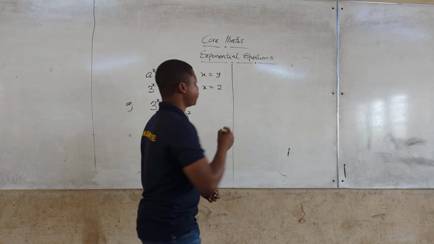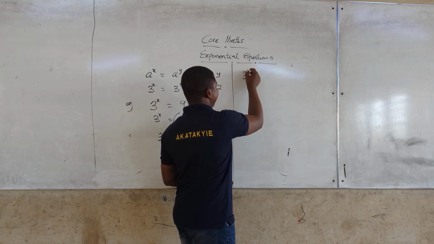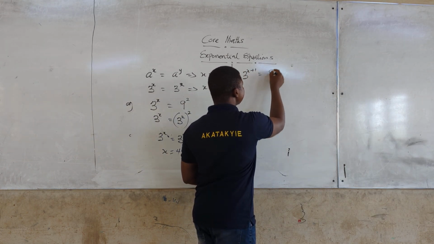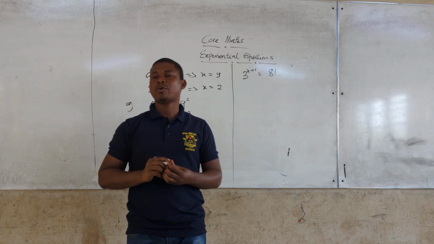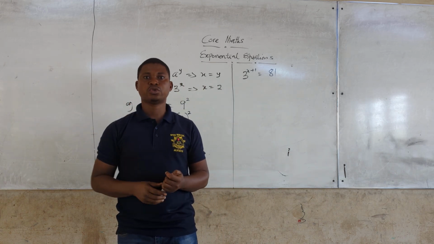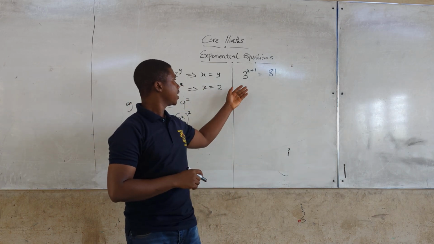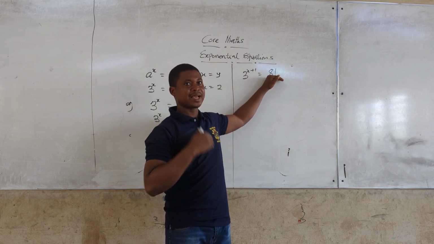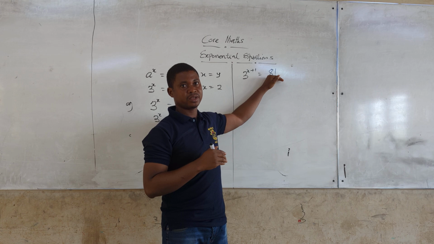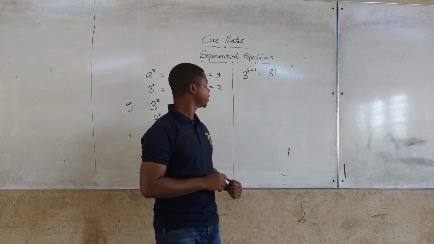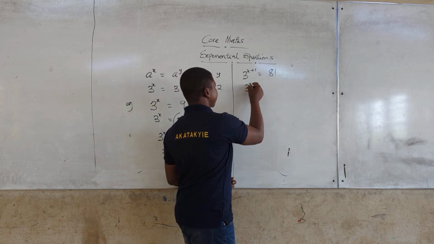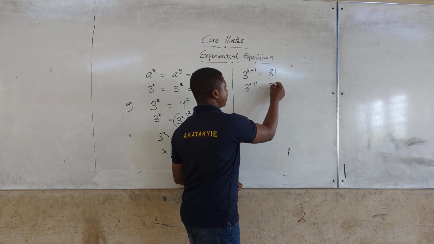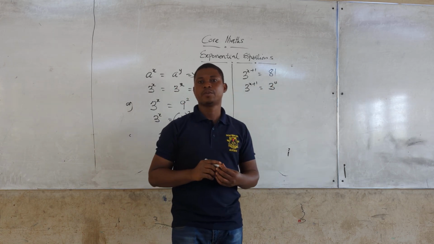Another example, when you have 3 to the power x plus 1 equals 81. With this, 81 can be converted to the base of 3. So we have 3 to the power x plus 1 equals 3 to the power 4.